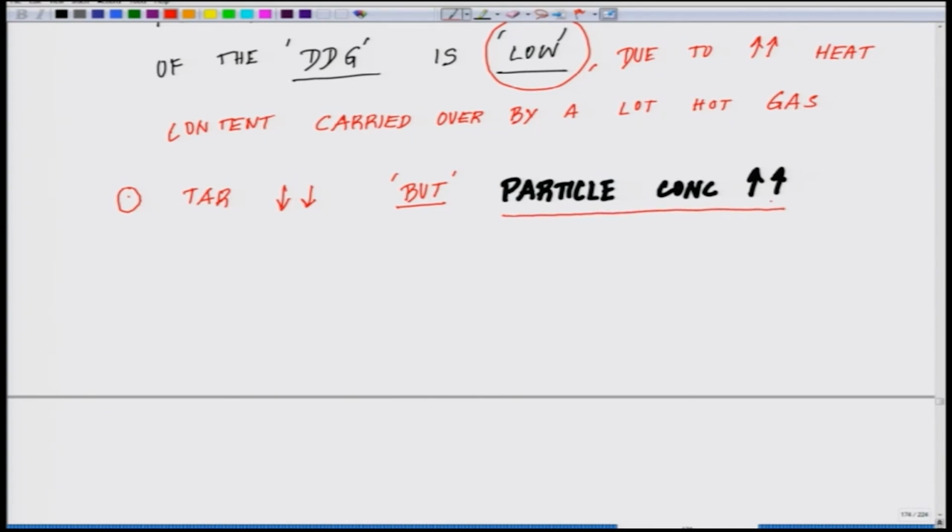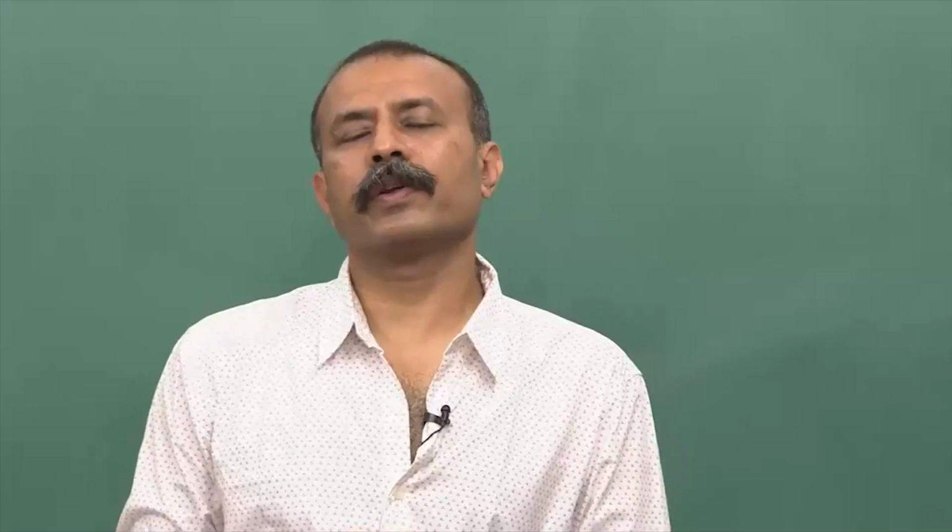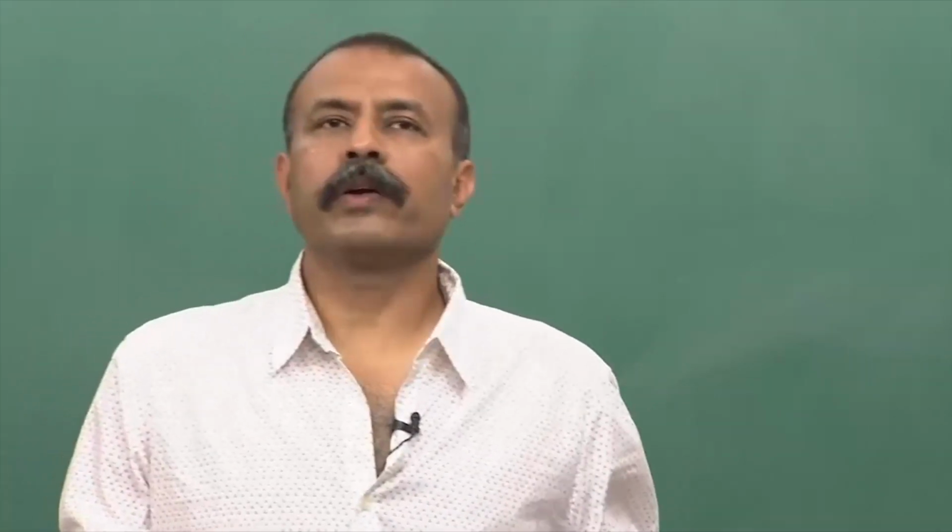It is always a very big trade off. And there is a huge amount of ash which is created in the system. So, this is the fundamental difference between updrift and downdrift gasifiers. These are the two basic gasifiers which are being used.